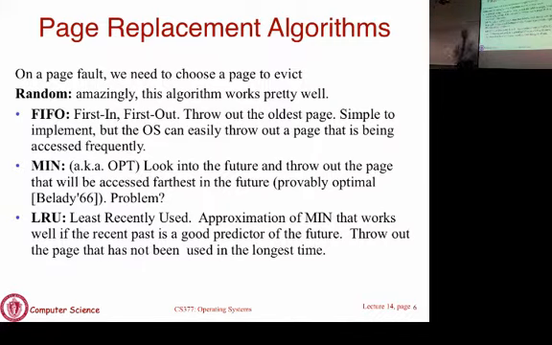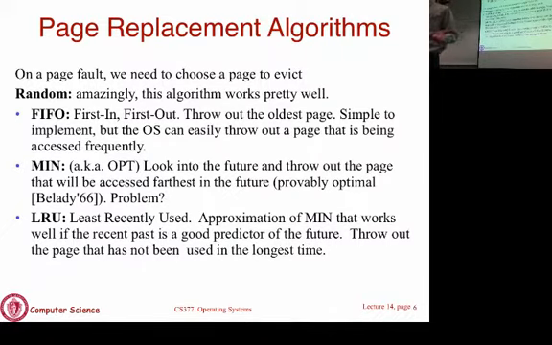Just as in shortest job first, if you knew the job lengths, you could pick the shortest job and minimize waiting times. But you don't know the job lengths in shortest job first. Same thing, you don't know what the access pattern in the future is. How do you know what the application is going to do in the future? Even the application may not know. It may depend on user input. The user may click the mouse and something may happen.